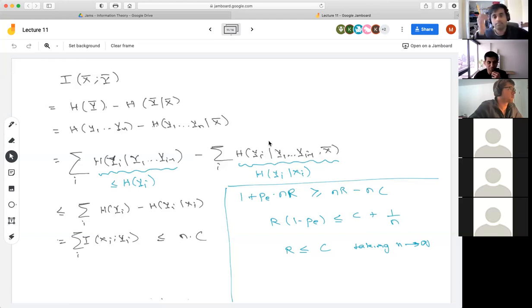We also need to show that it is actually achievable. Any questions about this before we proceed?